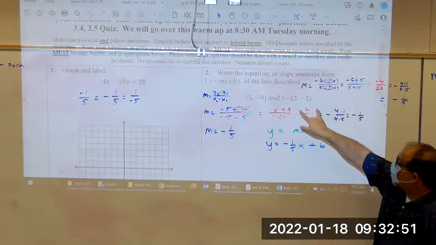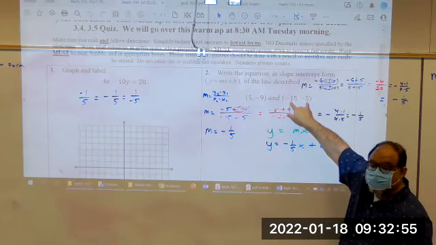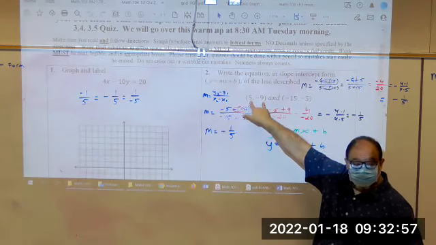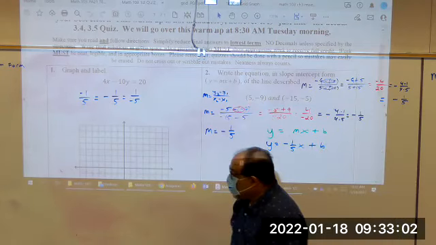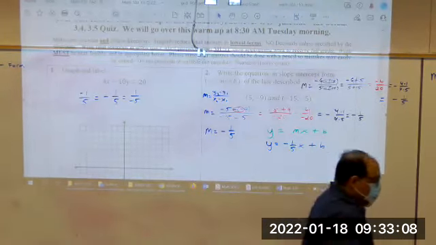Well, they gave me this x and y that's supposed to be on the line because that's what it goes through. And I also have this one. This is also on the line because this is what it goes through. So step 5.